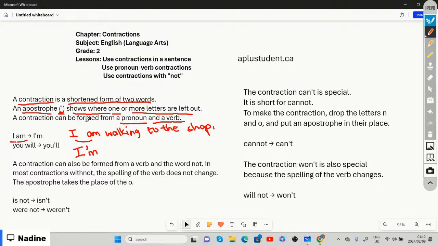So now instead of saying I am walking to the shop, we can say I'm walking to the shop. There we have our contraction, which is I'm.